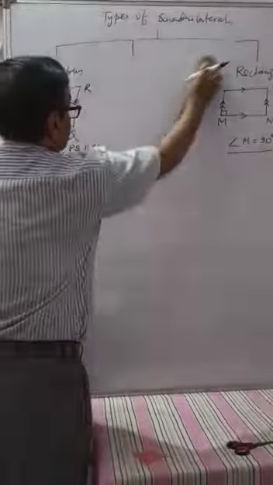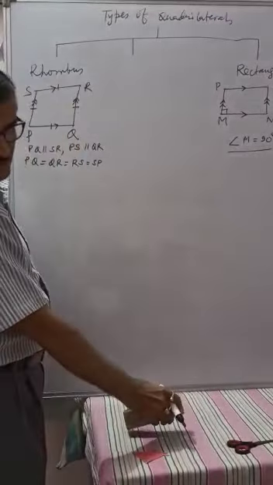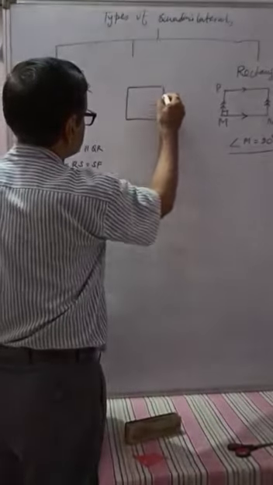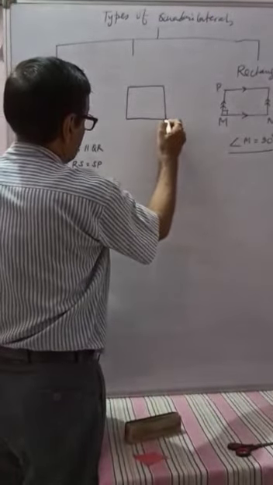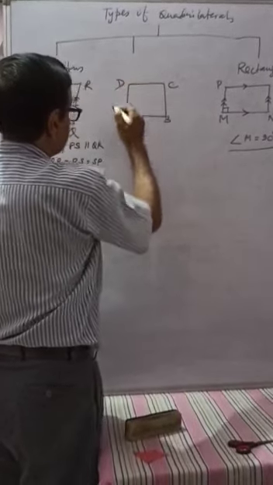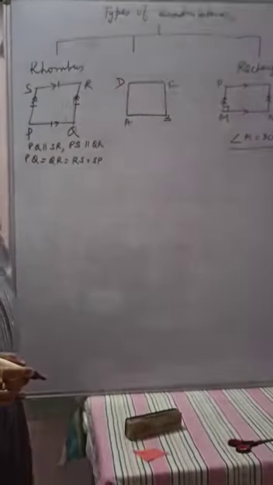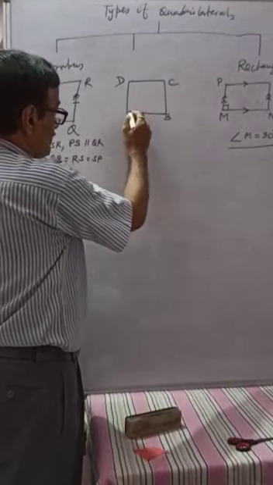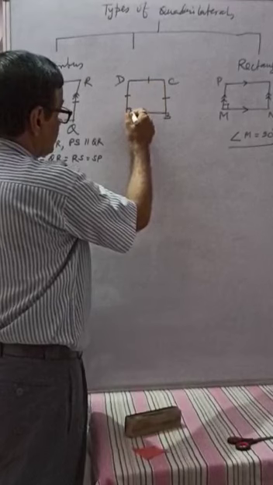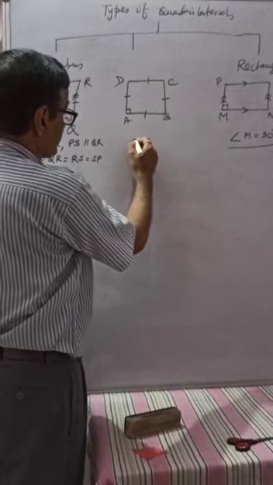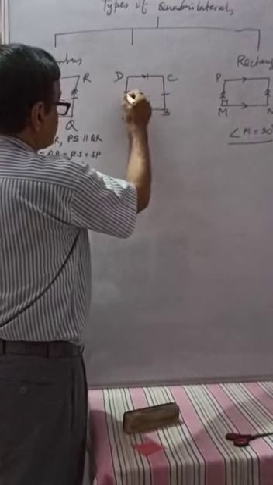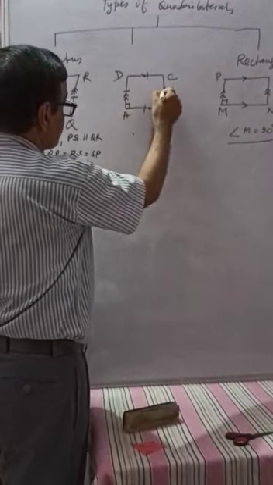Now next one is square. Square is also a parallelogram in which all sides are equal, and not only that, one angle must be 90. And when it is a parallelogram, again here also we can say both pairs of opposite sides are parallel.